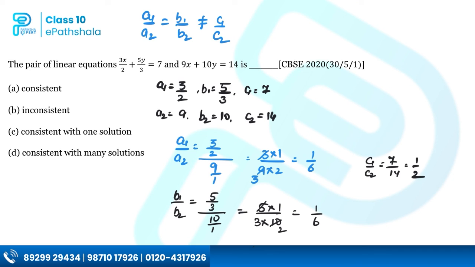For any two lines to be coincident, we have a1 by a2 equal to b1 by b2 equal to c1 by c2. But in this case, the third one is different, which says that the lines are parallel. And for parallel lines, we have no solution. We can also say that the system is inconsistent.